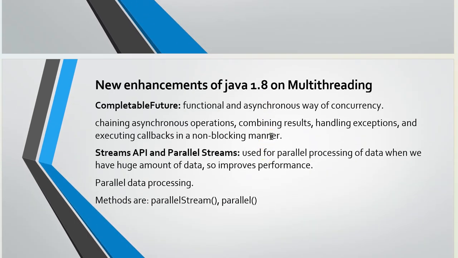So there are some enhancements that happened in Java 1.8. We'll see what the new enhancements of Java 1.8 are for multi-threading. There are a lot of nice features they have added in 1.8. So let's see only the things they have added for multi-threading.